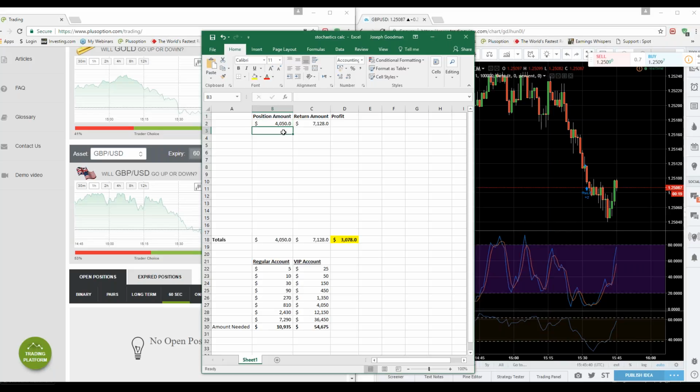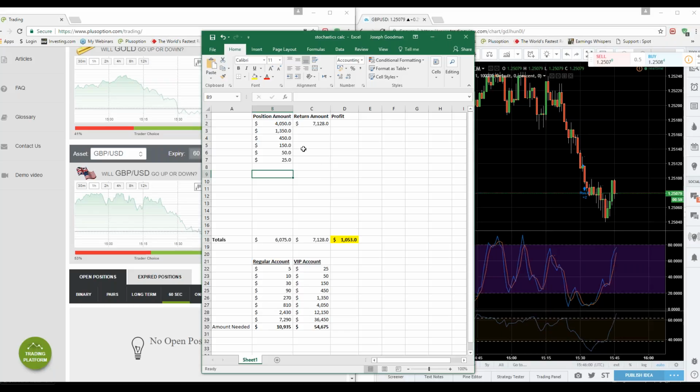40, 50, 13, 50, 450, 150, 50, and 25. All 1, 2, 3, 4, 5 of these trades did not bring us any returns.